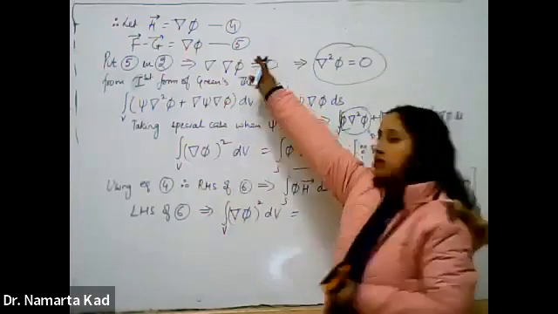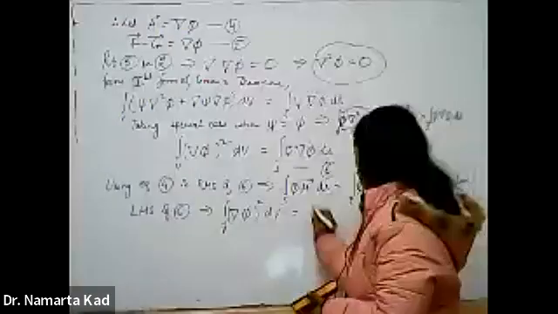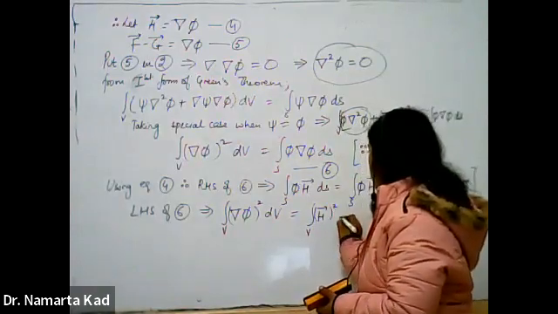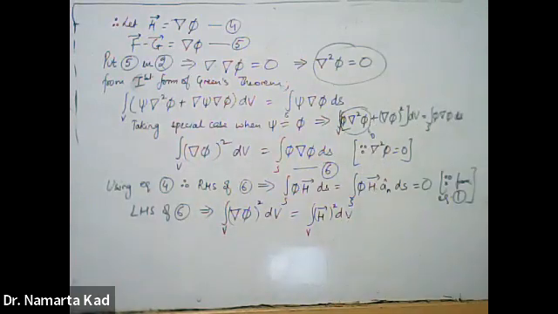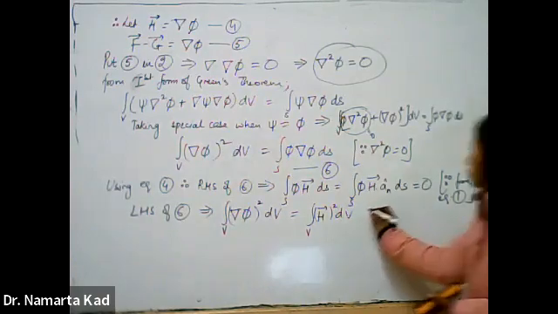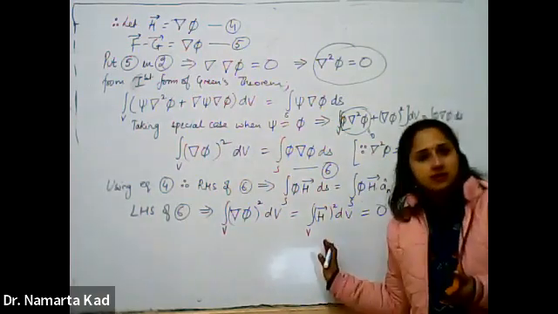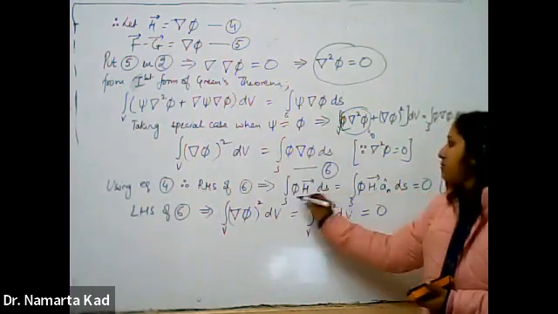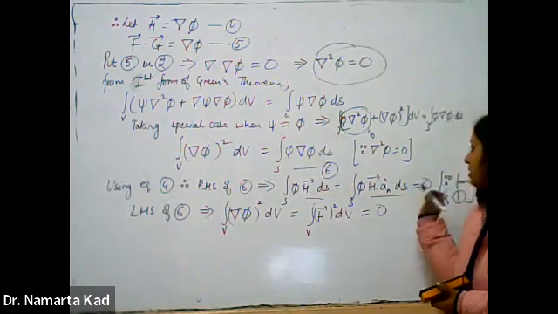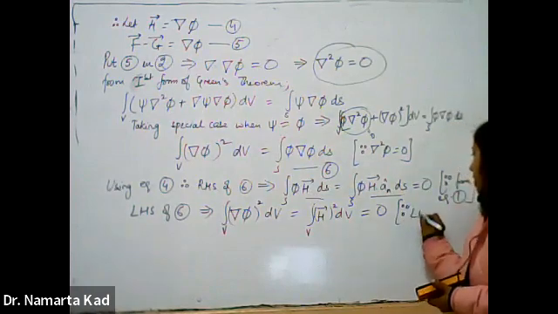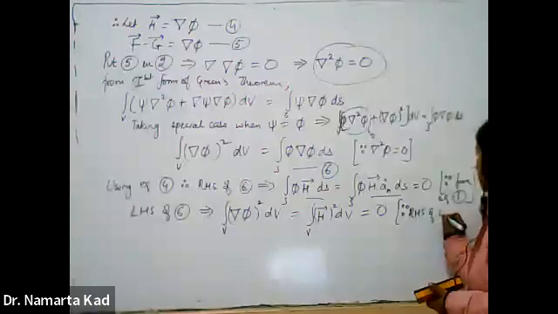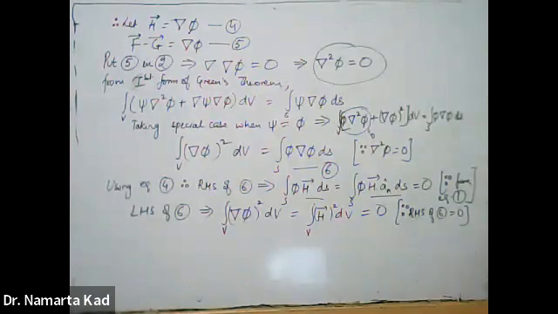That is the h vector from equation number 4, so this can be written as the volume integral of h vector square dv, and this is equal to 0. Why is it 0? Because for equation number 6, we have just proved that the right hand side of 6 is equal to 0.